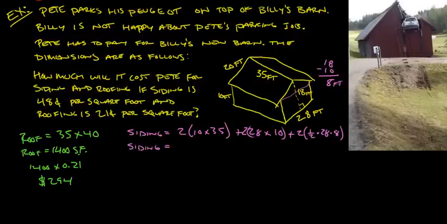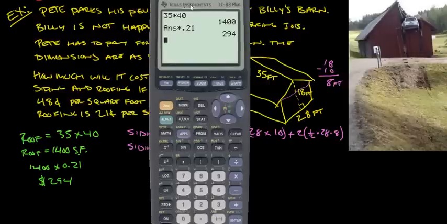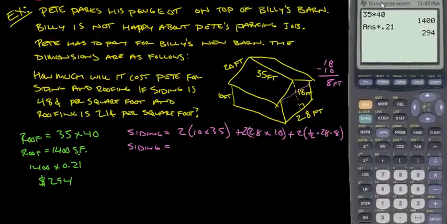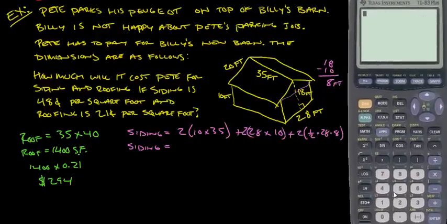So siding is going to equal, let's see, let's calculate this all out. So we can go 2 times 10 times 35, well, let's just do 10 times 35 plus 2 times 28 times 10 plus 2 times 0.5 times 28 times 8.